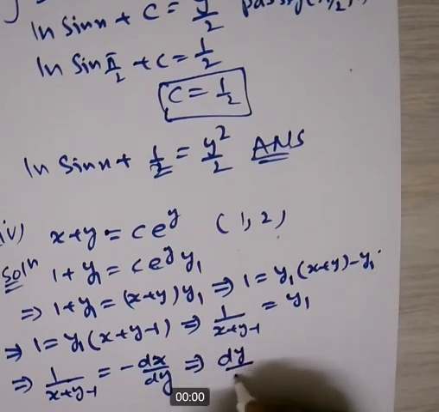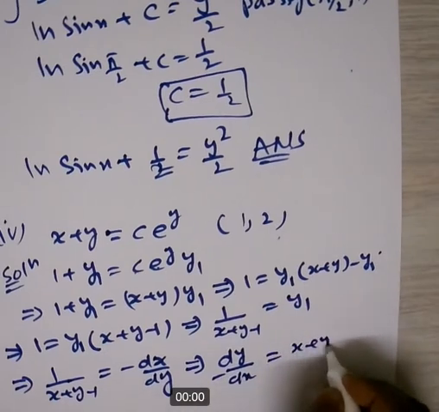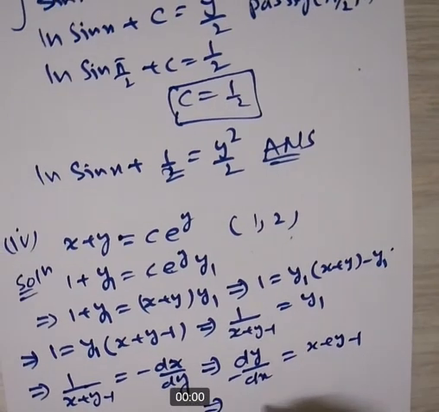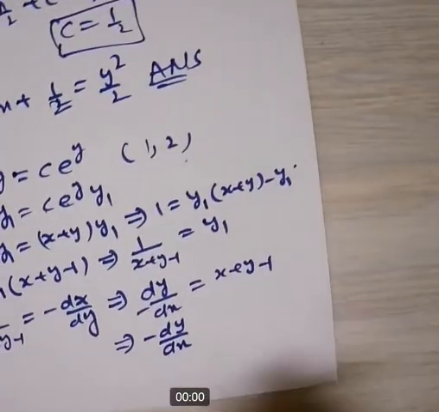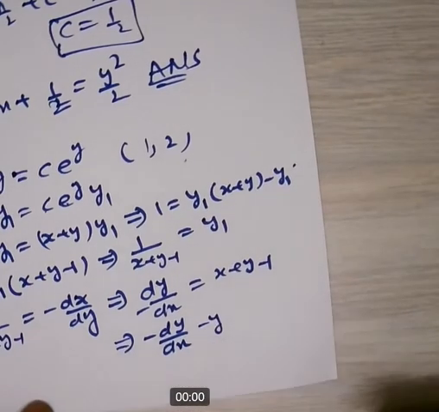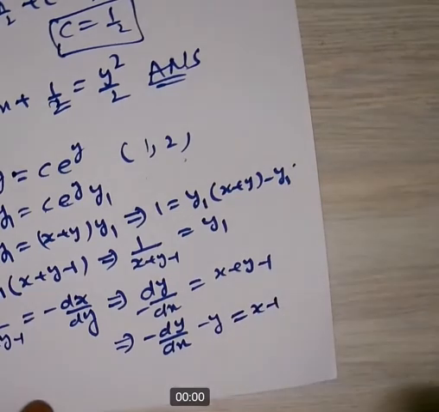But if I write this one as minus dy/dx equal to x plus y minus 1, then we can write it like that also: minus dy/dx minus y equal to x minus 1.